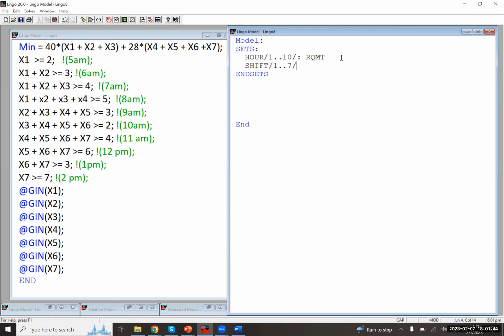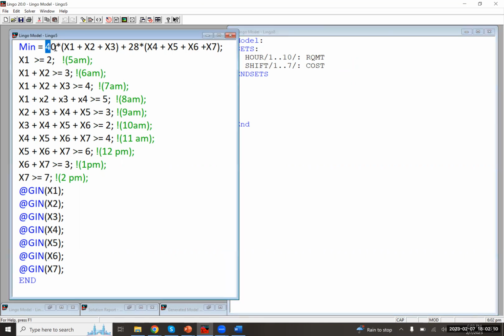And the set shift associates each with some quantities. First, the salary value, right? The cost for Auntie's kitchen. Those are these numbers, right? 40s and 28s.